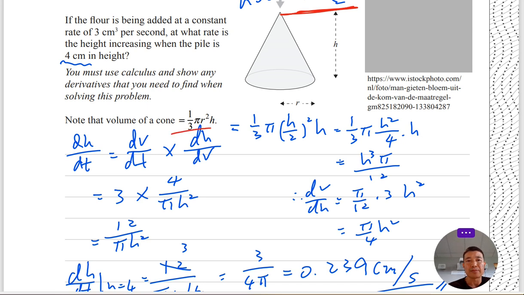So we will get dV dh, then you have to flip it over. So when you differentiate volume in terms of height, that's why I changed r in terms of h, and you get there, and then you differentiate. So you get pi h squared over 4, right?